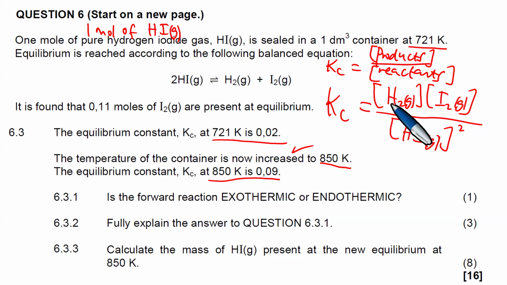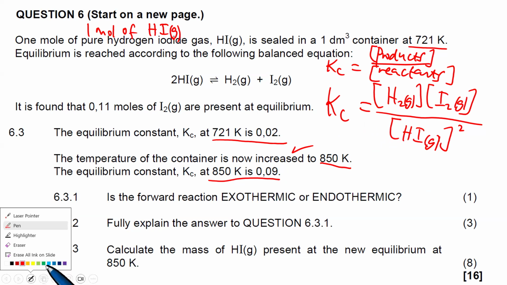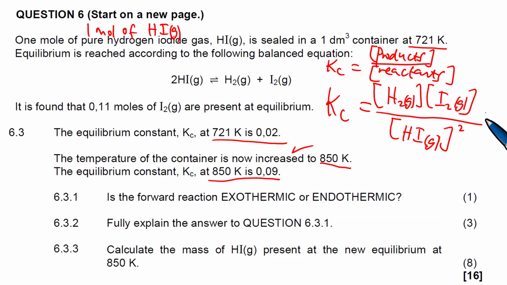For this Kc to become bigger, it means that the numerator must become bigger, and the denominator must become a little bit smaller, at least. Or the numerator can become bigger and the denominator remains fixed.